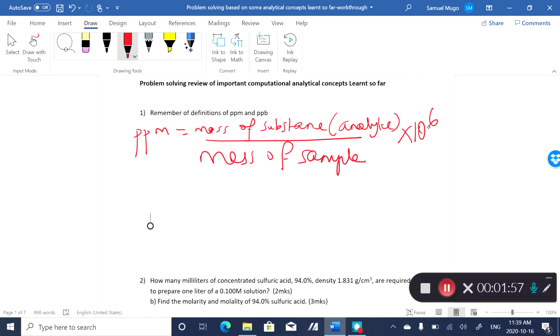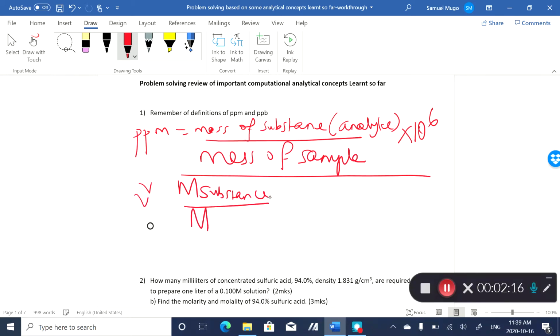And maybe somebody would ask, where did this come from? This whole concept comes from multiplying this equation by the density. So take note of this: the mass of the substance, divided by the mass of the sample, multiplied by the density, which is often in grams per mil, it's gonna give you whatever it is in grams per mil.